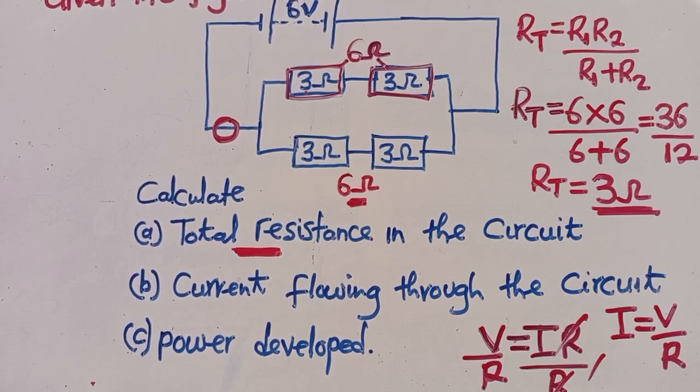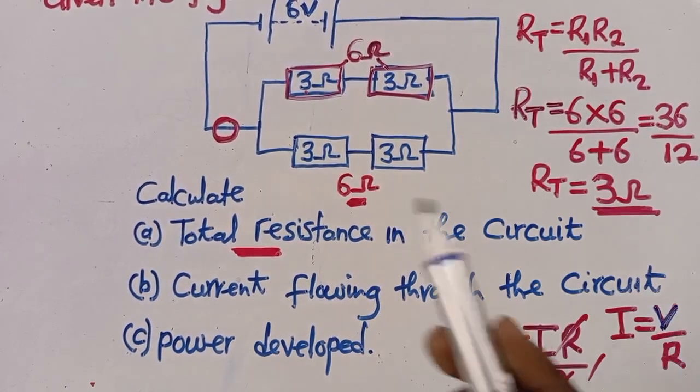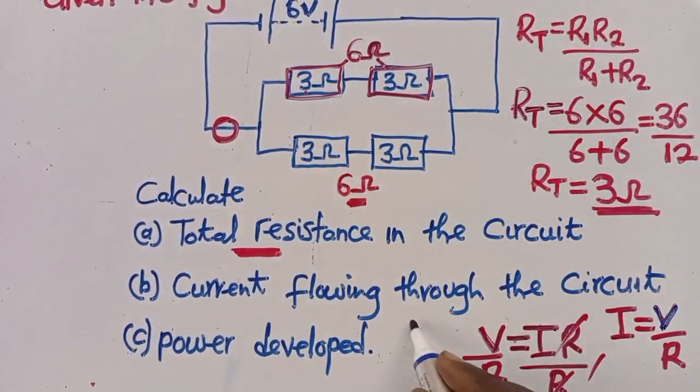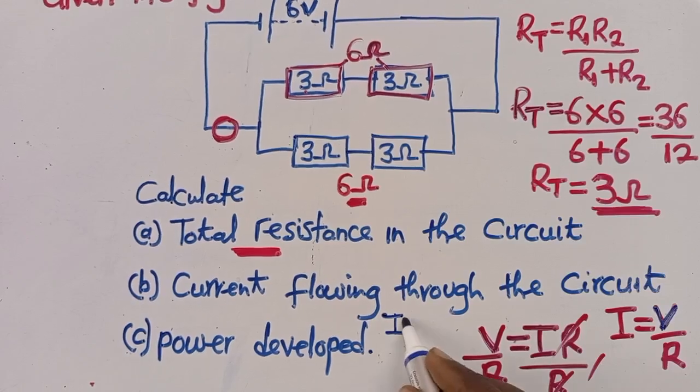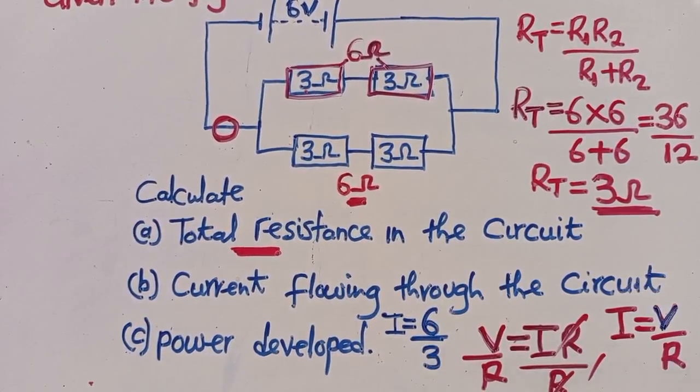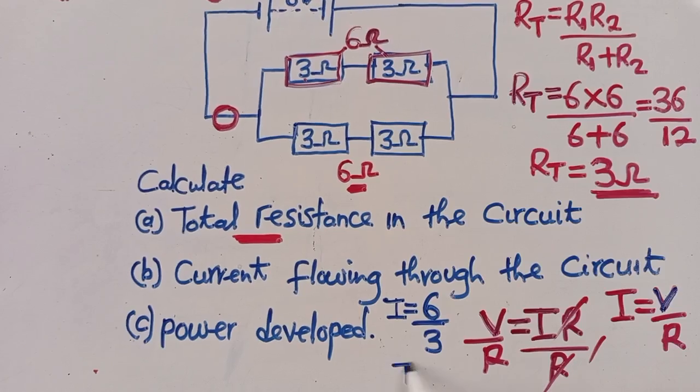So this is a particular formula that we are going to use. I guess you are able to see how I'm answering these questions. It is as simple as this, where now we substitute. What is our voltage there? We are given 6, so the voltage is 6. So current is equal to 6 over what? What is the resistance? 3. If I divide here, the answer I'm going to get is 2 amps or amperes.